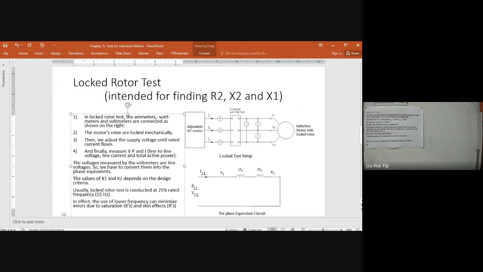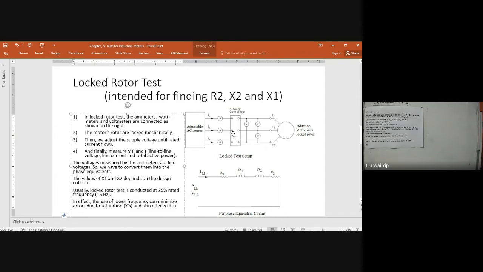To test the rotor, we keep the shaft of the rotor stationary. So we don't let it spin, we just hold it to stand still. Then we measure the line voltage and the line currents.